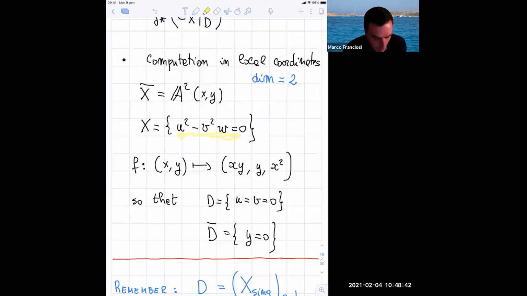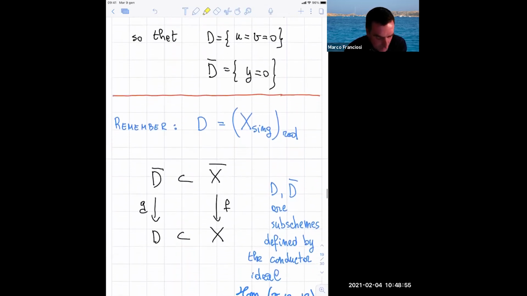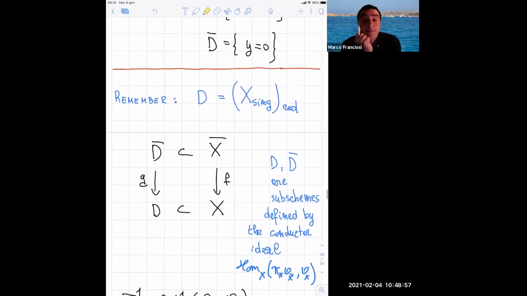With this map, we can compute in local coordinates, taking derivatives, and we have the results of the theorem. I want to remember that D is the reduced part of the singular locus.